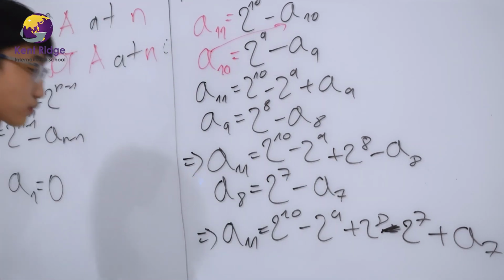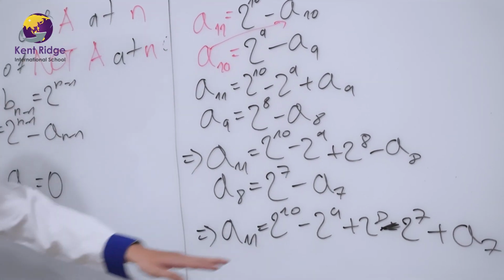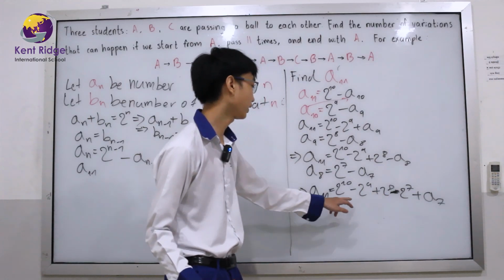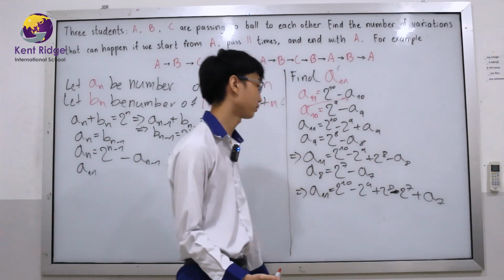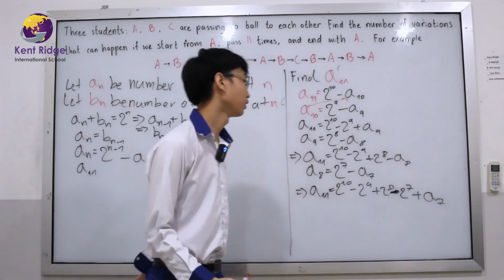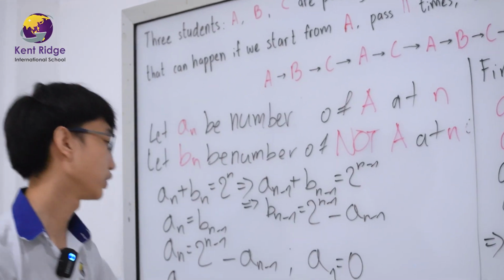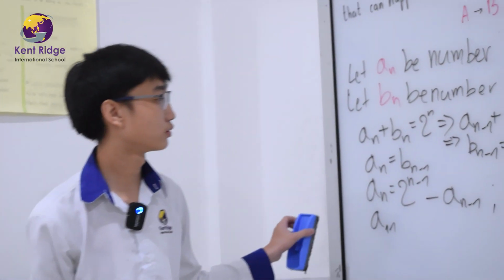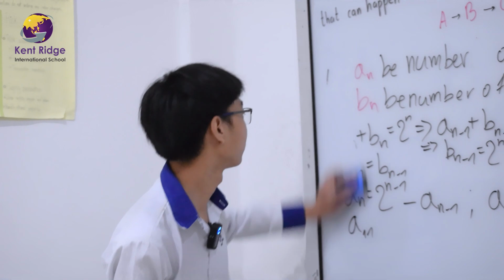A7. So we can see that at every odd number, there's a negative sign. At every even number, there's a positive sign. And this will go on until we reach our initial condition A1. So I'll erase this.